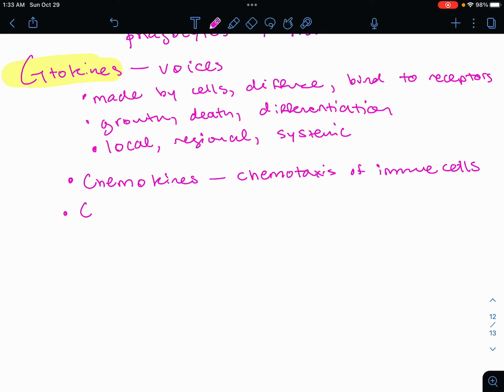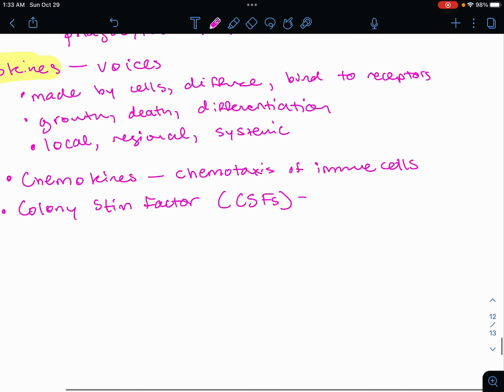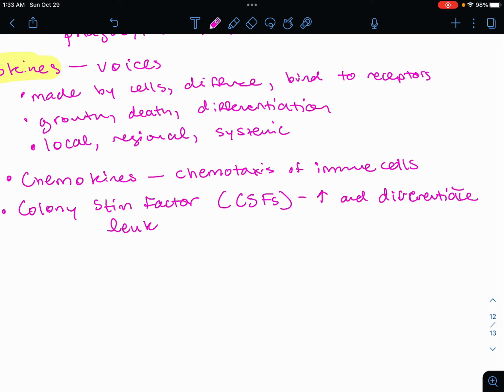We also have colony stimulating factors, which we've talked about already, CSFs. This is going to increase and differentiate leukocytes.